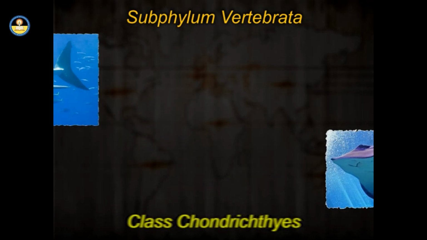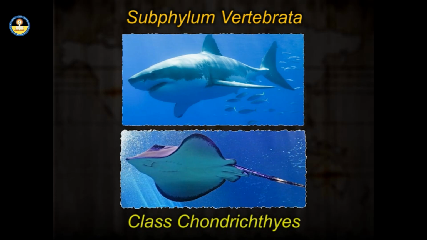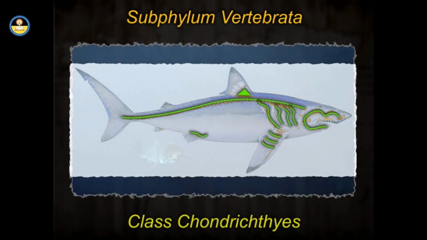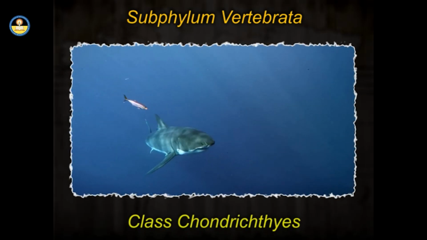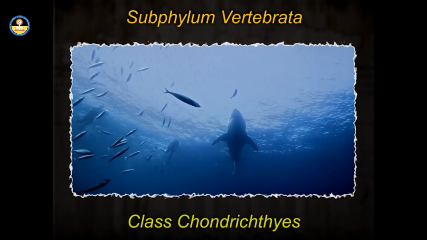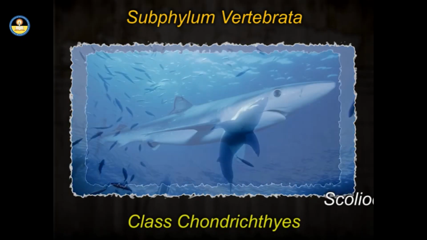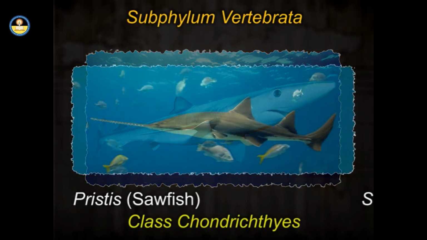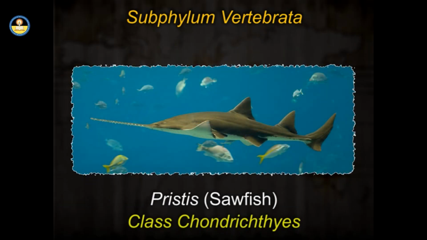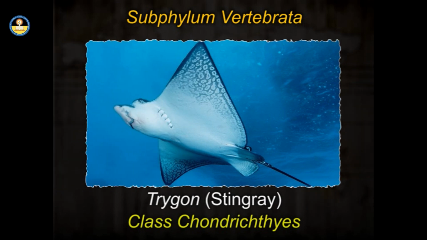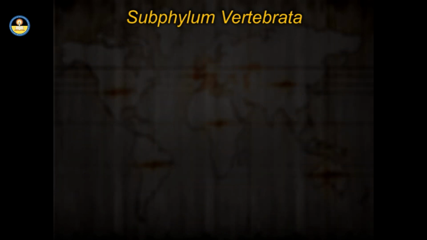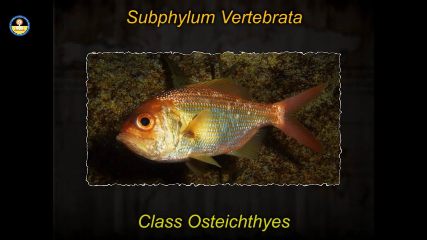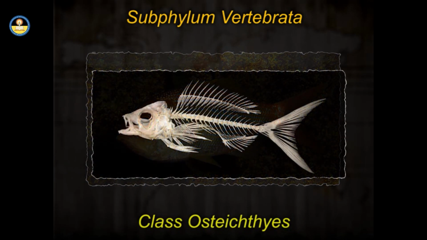Chondrichthyes. These are sharks and rays. The skeleton is completely cartilaginous. Body is streamlined and tail helps in propulsion. Examples: Scoliodon, that is Indian shark, Pristis, sawfish, Trygon, stingray. Class Osteichthyes comprises bony fishes.